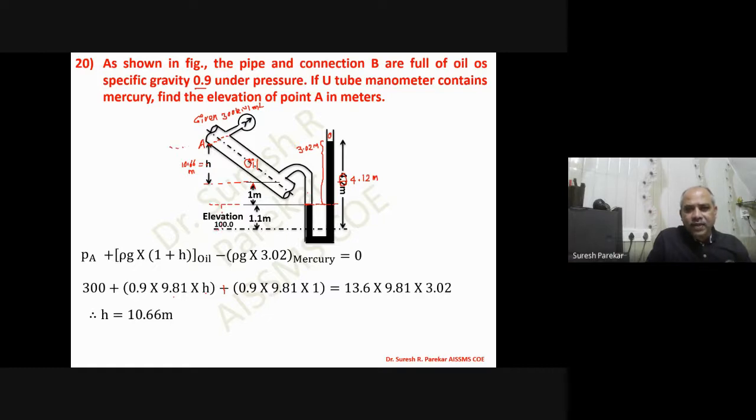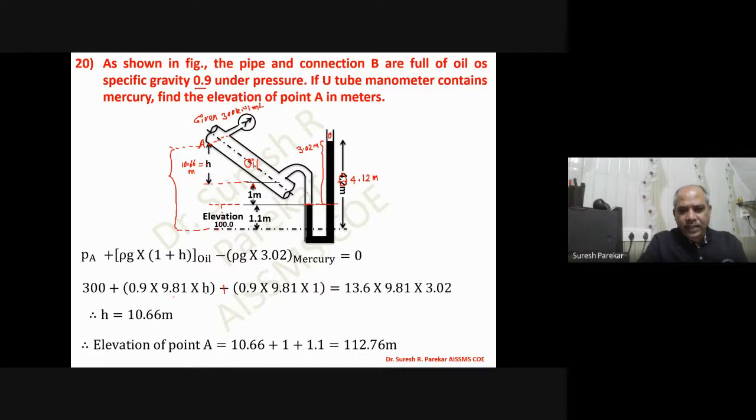Then I will get the elevation of this point. So the elevation of point A is 100 plus 10.66 plus 1 plus 1.1, so the additions total 12.76, and with 100 it is 112.76 meter.